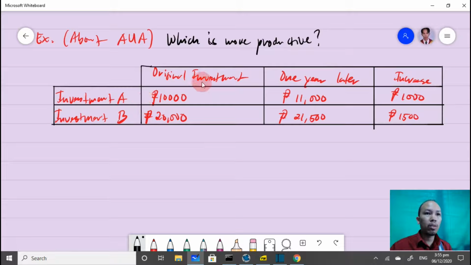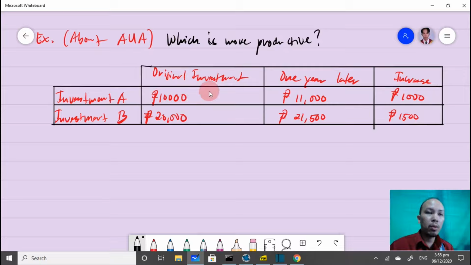So the question for this problem is how to analyze the absolute unfairness of apportionment. Please remember that the investment for A is 10,000 and for B is 20,000, and 1 year later we have this, and this is the increase. Okay, so which is more productive for this investment?